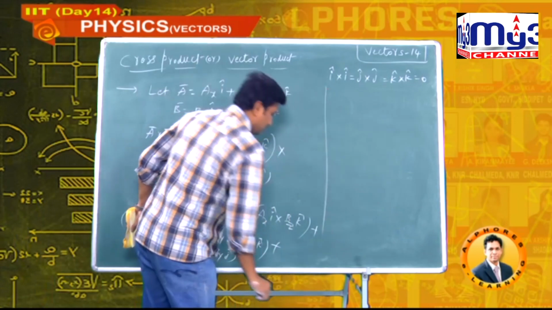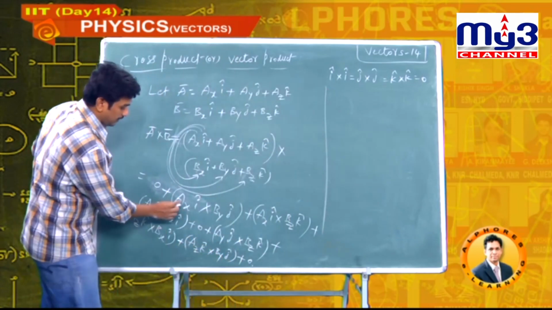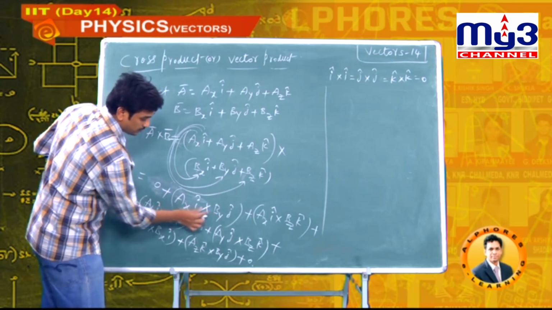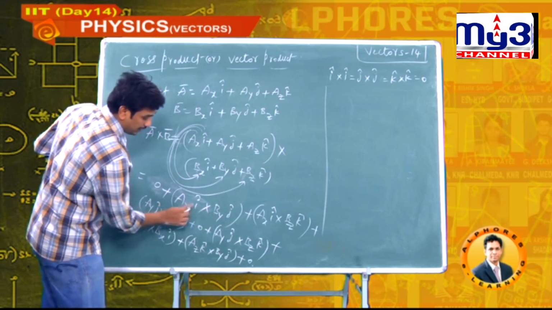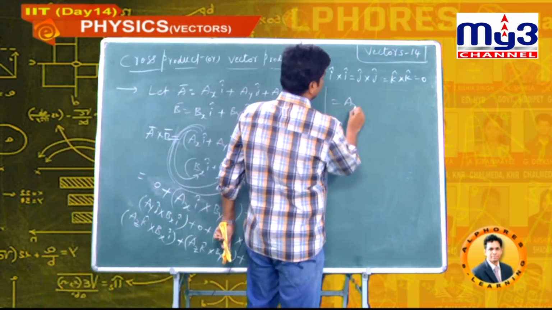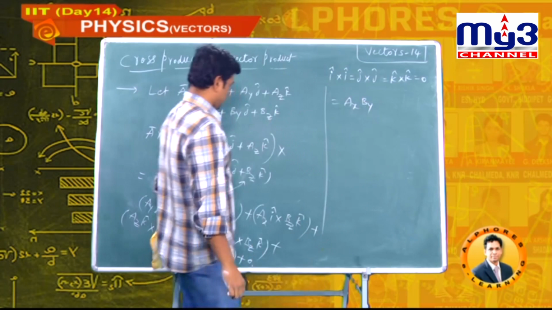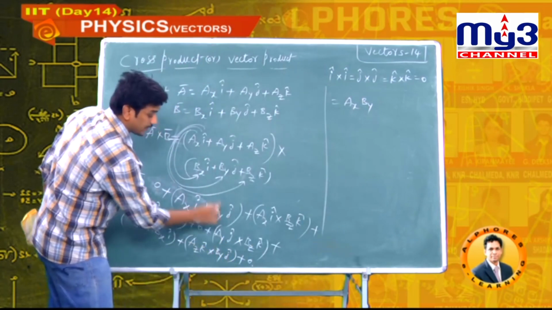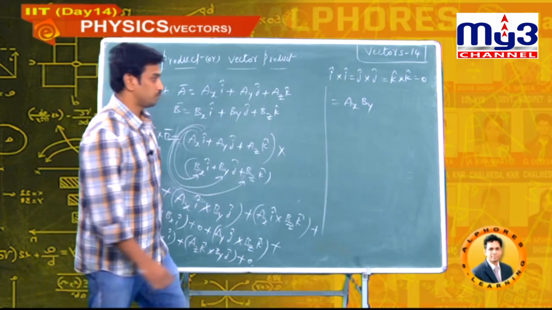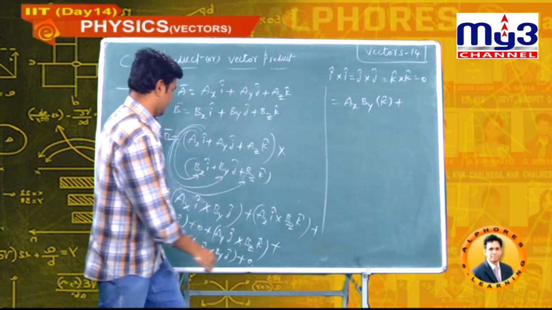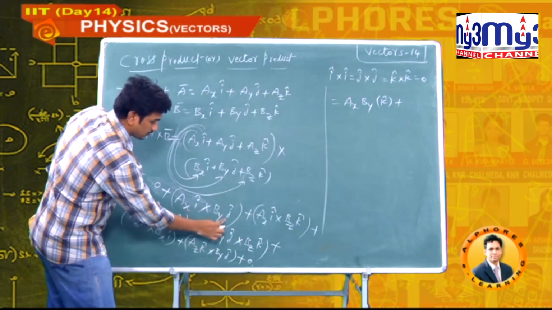Now, see AX BY, it's a number, scalars. Scalars we can multiply directly, AX BY. Now remaining i cross j. What is i cross j? k cap. Just now we proved it. i cross j is k cap.